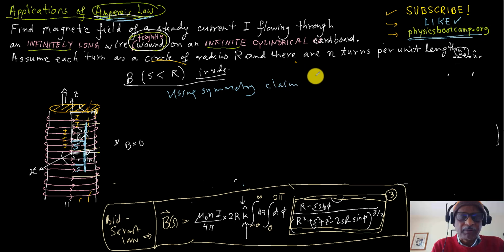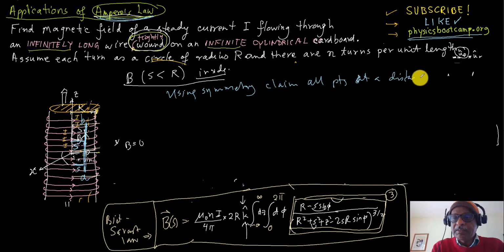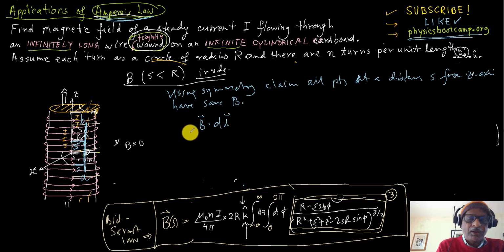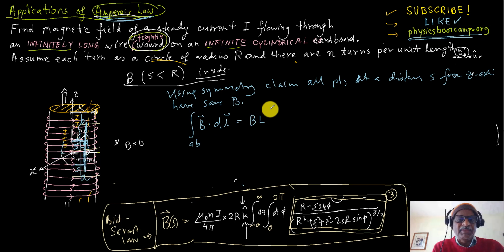Using symmetry, I claim, and I'm going to call this guy A and this B, all points at a distance S from the Z axis have the same B. So on the AB part, B is the same, and dl is in the same direction, so this is going to be B times, let's call this L also, so this will be BL.